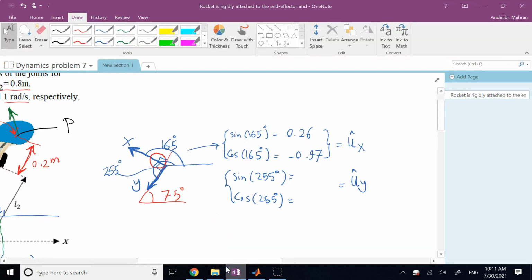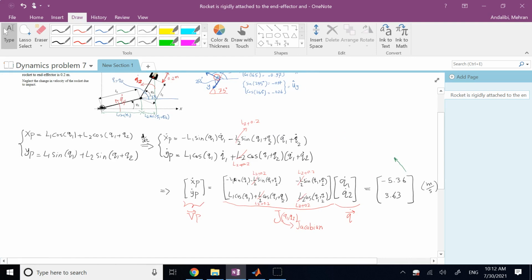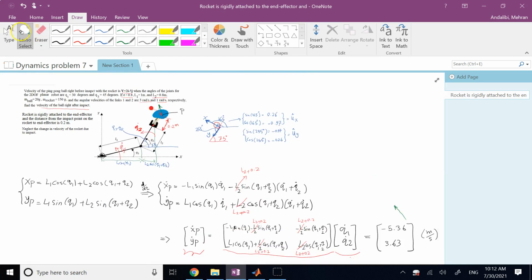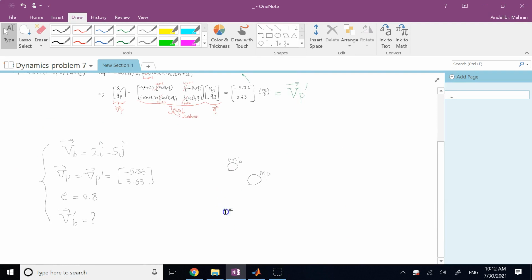So the sine and cosine should be exchanged, but both negative. So cosine is going to be negative 0.26 and sine is going to be negative 0.97. So these are the unit vectors along which I need to project my V ball and V of the contact point. So let's go ahead and copy these, so we can use them down here for our impact problem.